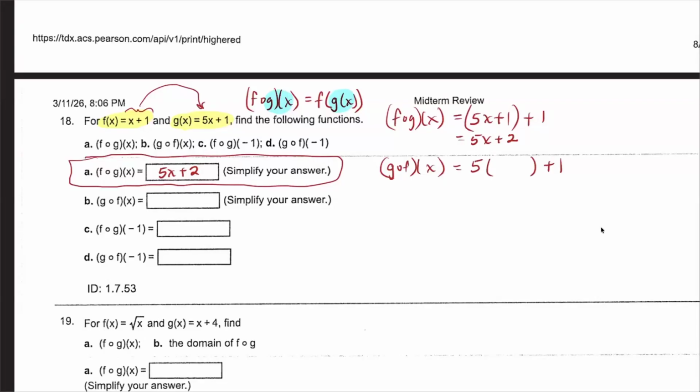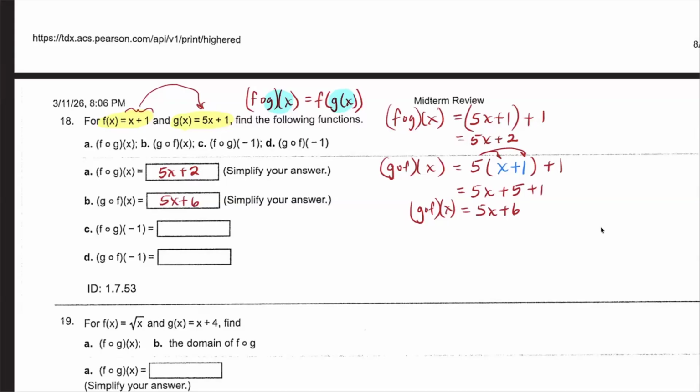But what is it going to multiply times 5? Well, the x plus 1 from function f. Then we have to distribute the 5 to get 5x plus 5, and then bring down the plus 1. And combine the 5 and the 1. So we get 5x plus 6. So that's g composed on to f: 5x plus 6.